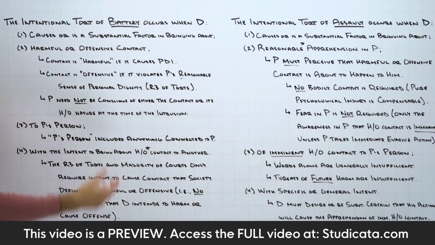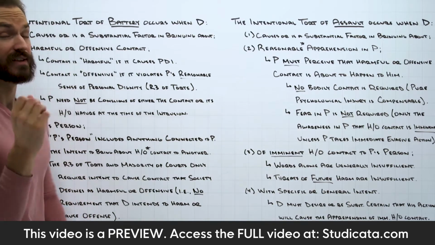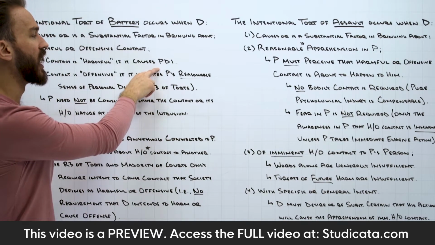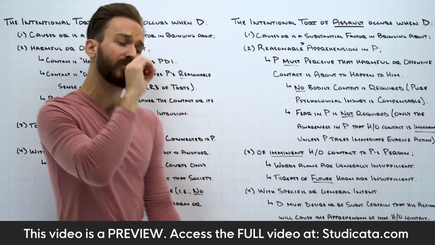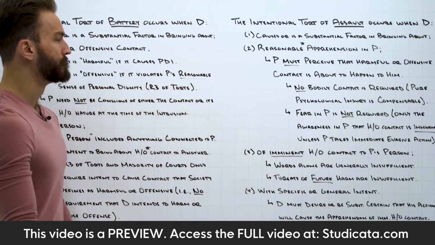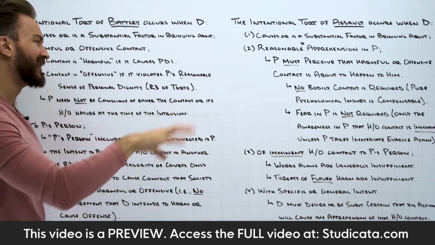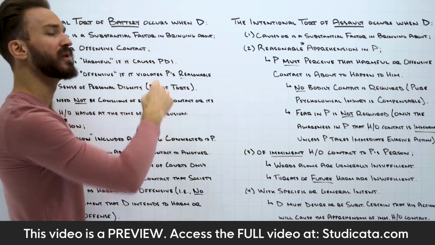And notably though, spitting on someone is never harmful. I shouldn't say never. It's possible that could cause pain, disfigurement, or injury. I guess if you spit on someone and it hit them in the eye and it blinded them, okay, that could be injury. But generally, if you just spit on someone, it's not really going to cause pain, disfigurement, or injury.